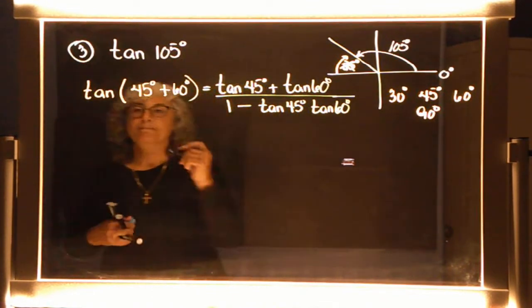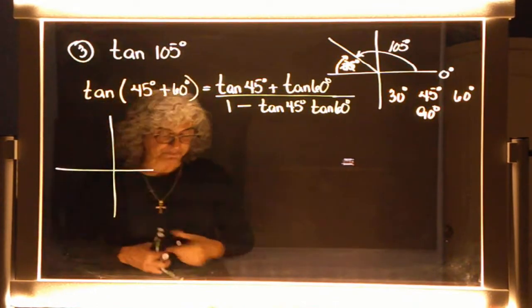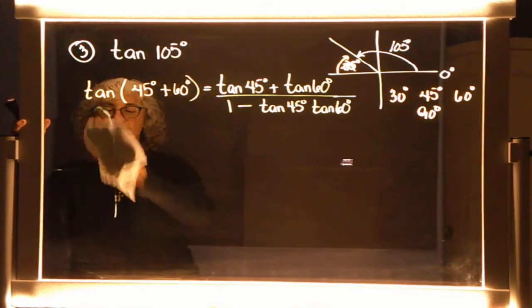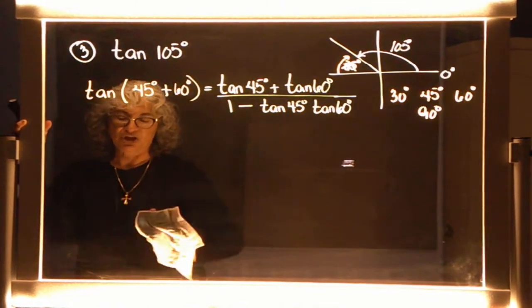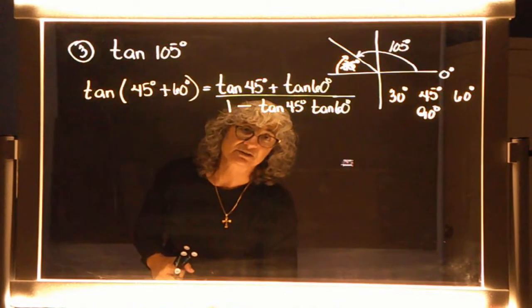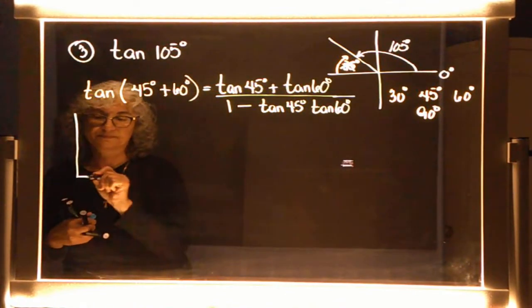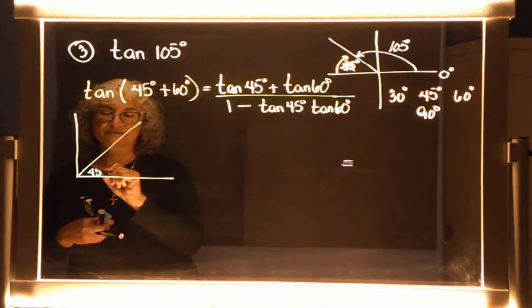So, let me actually hang in there a second, because since they're both first quadrant angles, I don't really need the entire XY grid system. All I need to draw is basically the first quadrant, right? So, I'm talking 45 degrees, right?